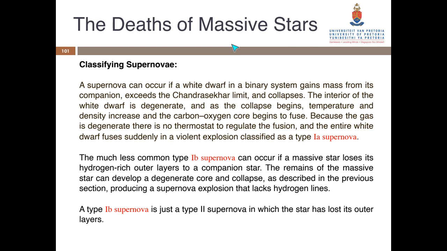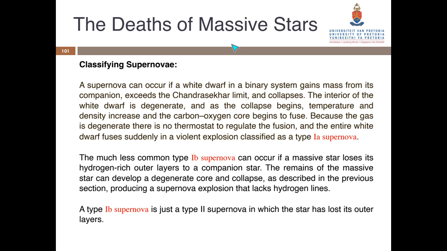The much less common type 1b supernova can occur if a massive star loses its hydrogen-rich outer layers to a companion star. The remains of the massive star can develop a degenerate core and collapse, as described in a previous section, producing supernova explosions that lack hydrogen lines.